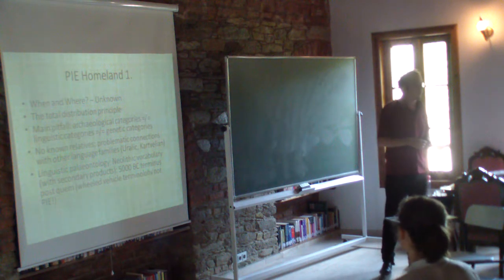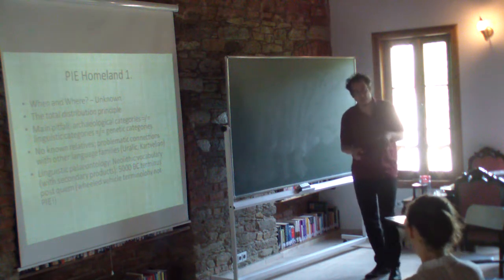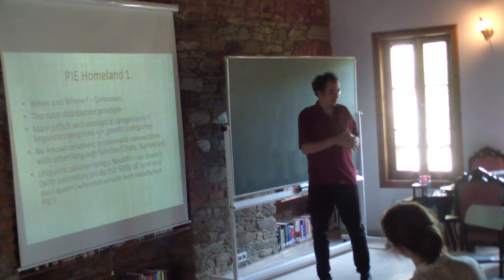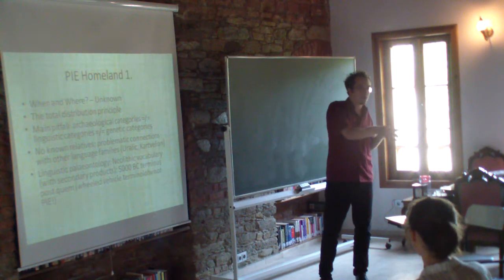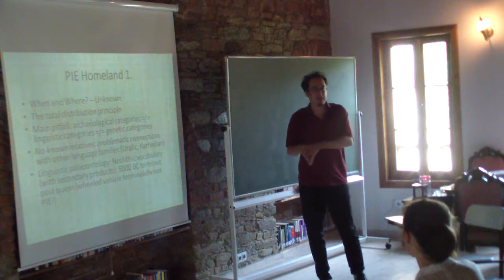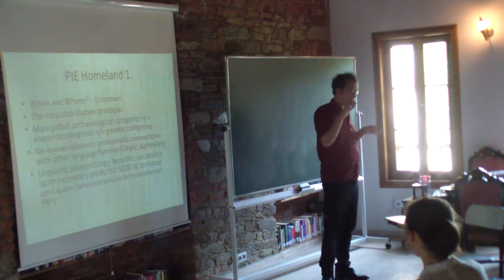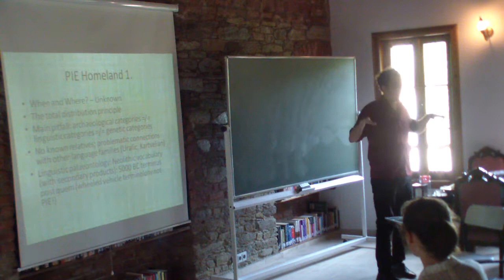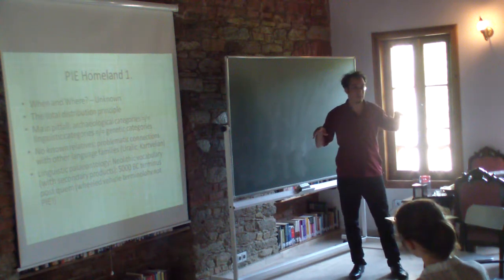It would be much more fruitful if we can identify loanwords in Proto-Indo-European or loanwords from Proto-Indo-European into any neighboring language families. Because if there are such things, then the two proto-languages must have been neighbors.